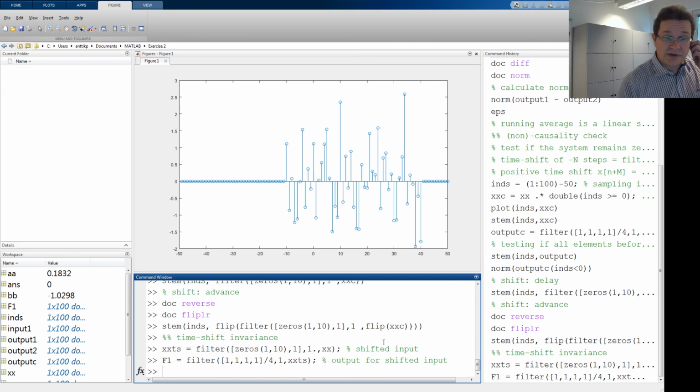Right, output was shifted input, and then we have F2, which would be the shifted output of the original signal. So we first calculated this one here, F1, and then we calculated F2.